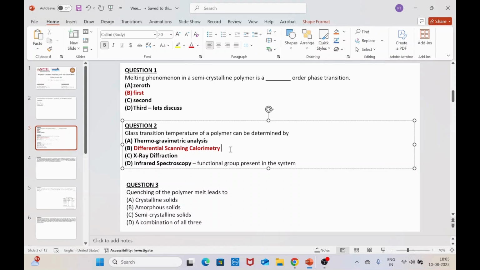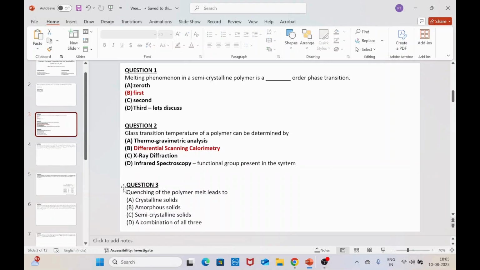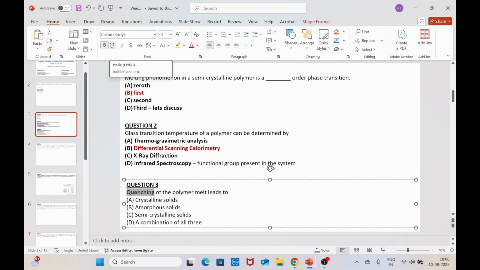So, okay, what is the meaning of quenching?